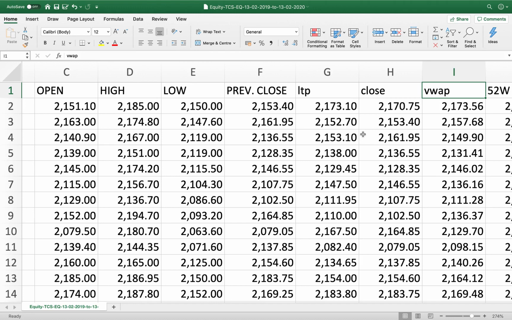It is called volume weighted average price. This is one of the parameters, VWAP, through which you will come to know that sometimes with a very small volume there will be a price at which the stock has traded, and it was very high. But most of the time, with the maximum volume, the stock was trading at a specific price or a specific range.